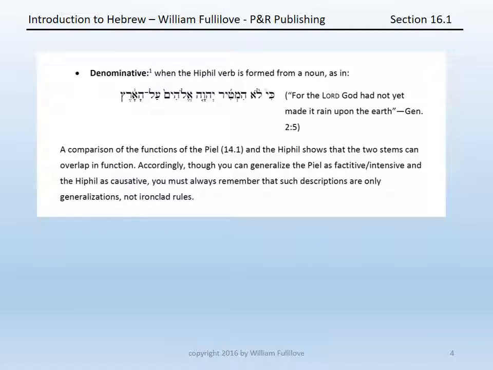Thirdly, Hiphil verbs can be denominative, meaning that they are verbal forms that are formed from a noun. Consider Genesis 2:5. Ki lo himtir Adonai Elohim al haaretz. For ki, not lo, then himtir is a Hiphil perfect, third masculine singular of a root matar, which is rain.